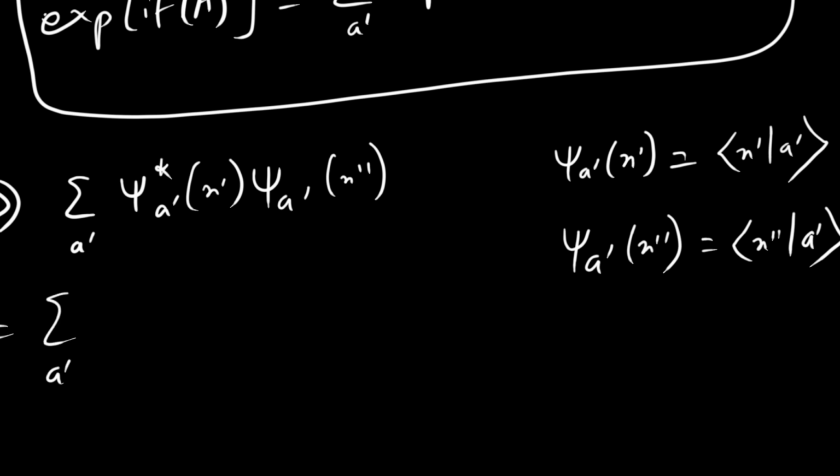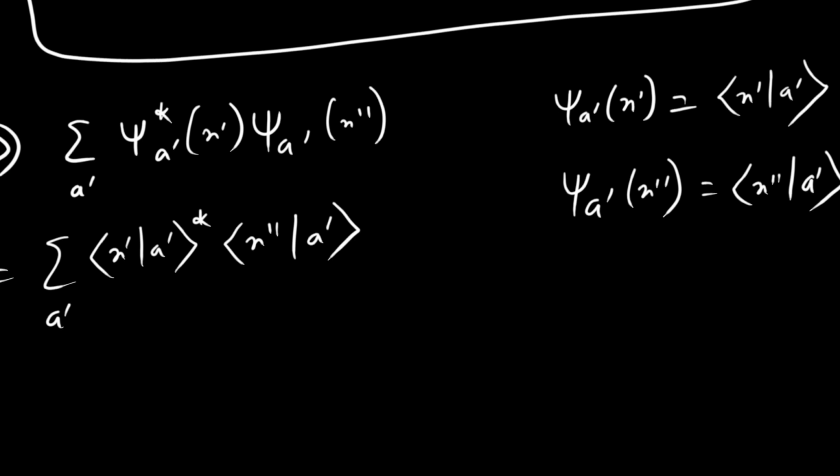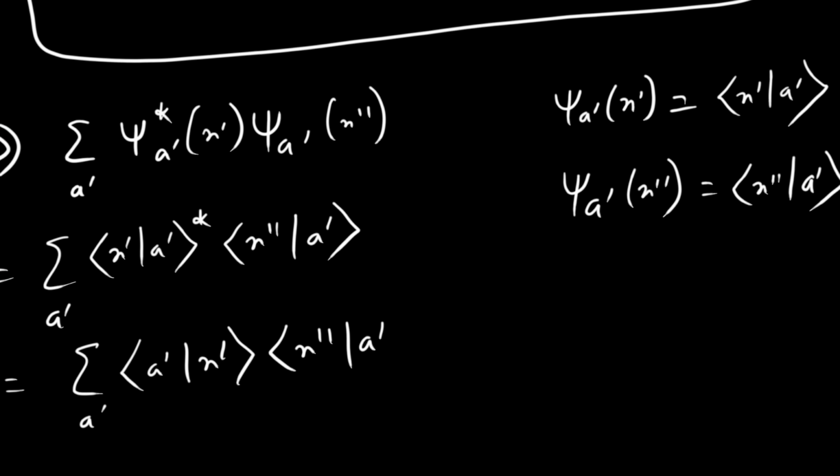So we'll get a prime x prime, a prime star, and x double prime a prime, right? Which we can write as a prime x prime, x double prime a prime, right?